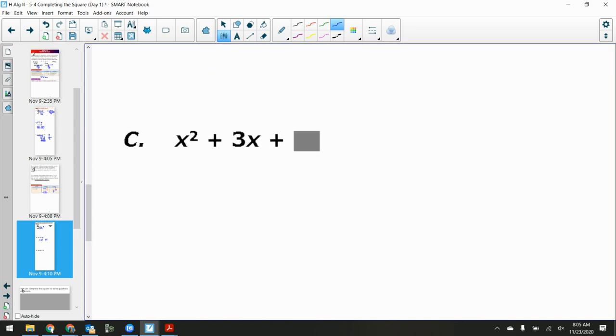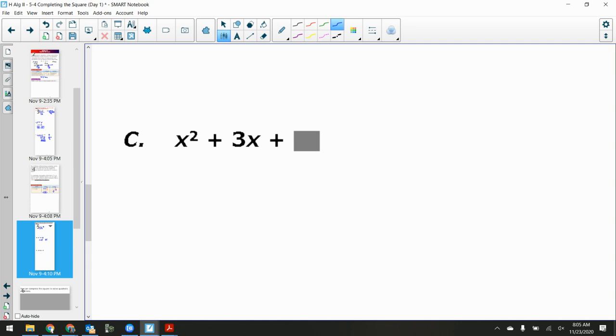Okay, let's take a look at this next one. Another odd one. X squared plus 3x plus something. Okay, so what fills in my blank? Somebody tell me. What fills in my blank here? What do you think? Yeah, you got it.